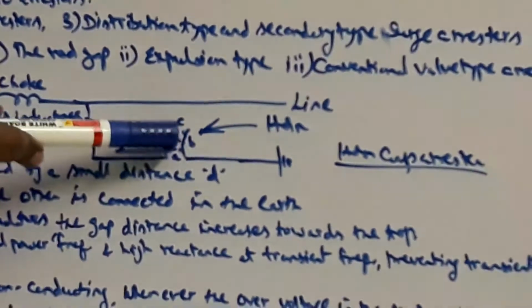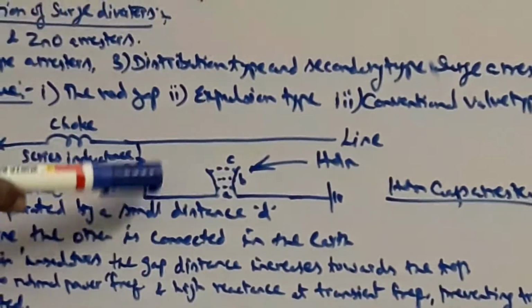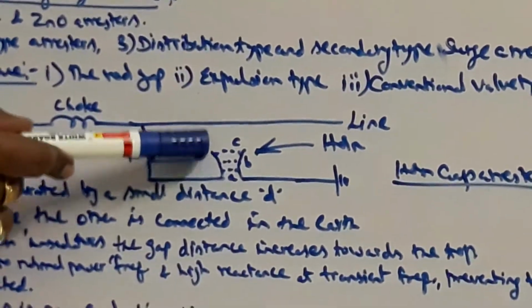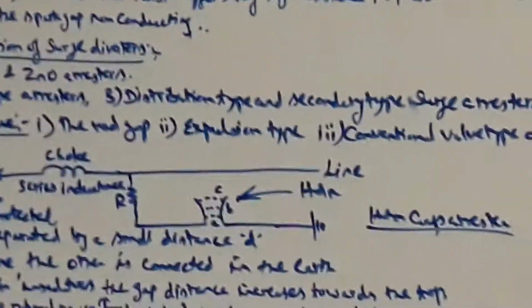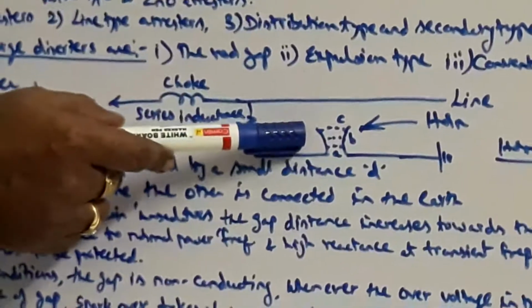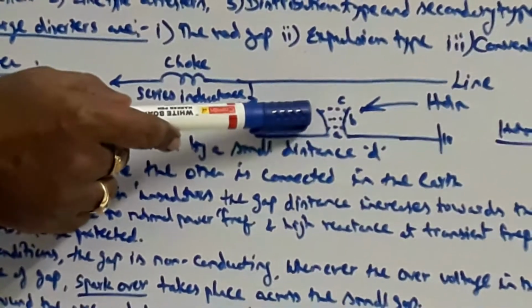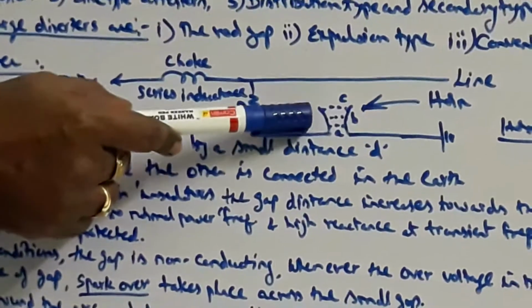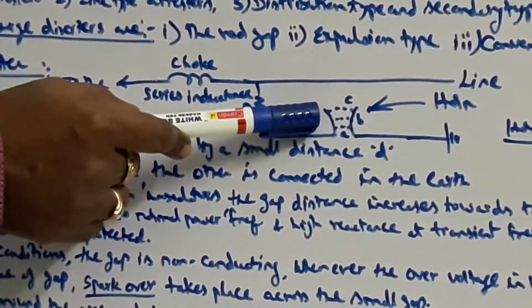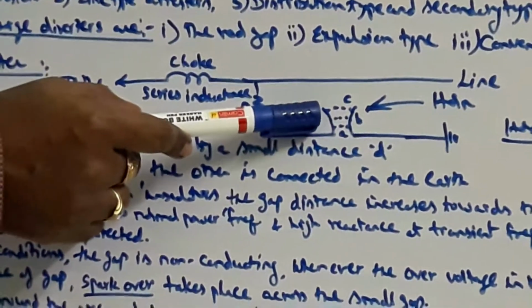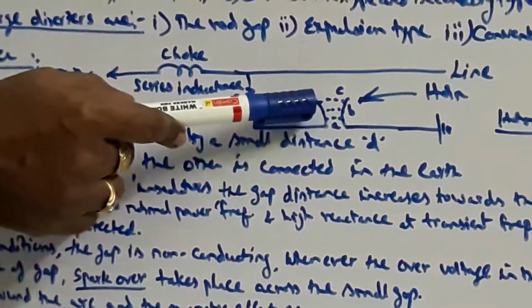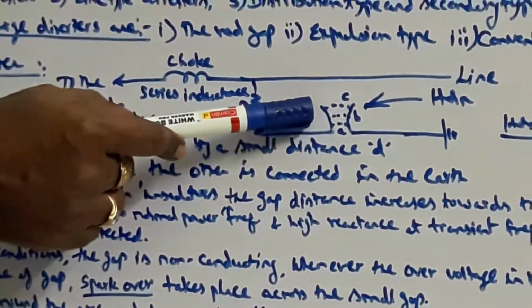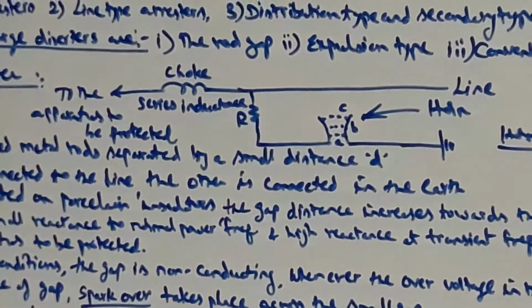As the length of the arc increases, the voltage required to maintain this arc becomes very high, so it cannot maintain the arc with the available voltage. A large voltage is required to maintain the arc at position C, which is not possible. Hence the arc is extinguished as it reaches position C.